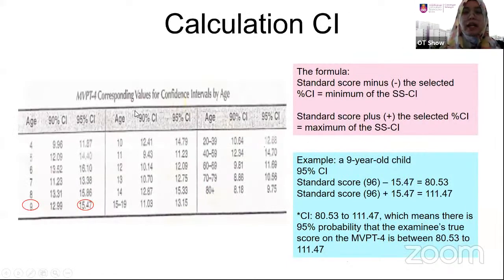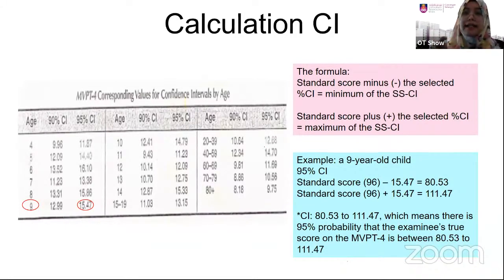Alright, so ni confident interval dia ada calculation dia lah. Kalau kita tengok di record form di page yang terakhir, page 4, di bawah ruangan komen ada satu table lah. Okay, table ni. Alright, so formula dia untuk dapatkan lower level.